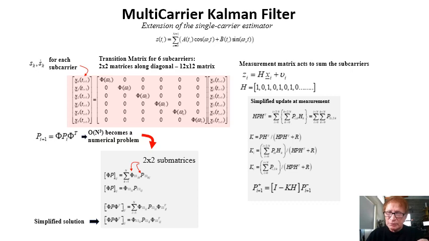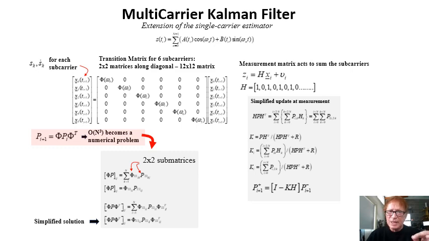This is a symmetric matrix which offers some numerical simplicity, but the covariance propagation between measurements for this large a transition matrix becomes numerically difficult. Fortunately, this matrix math can be greatly simplified because of the transition matrix diagonal form.